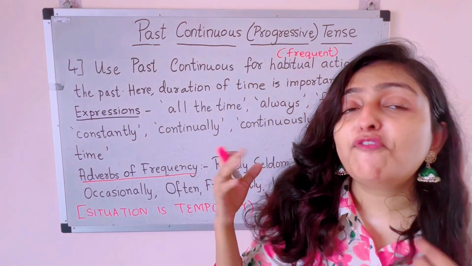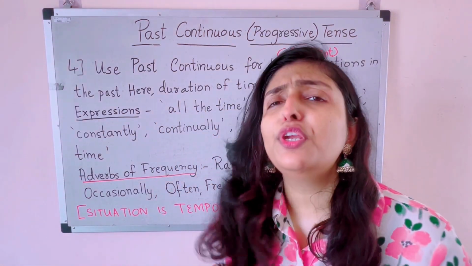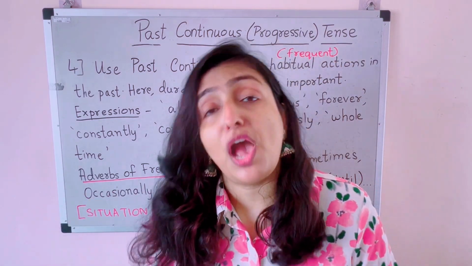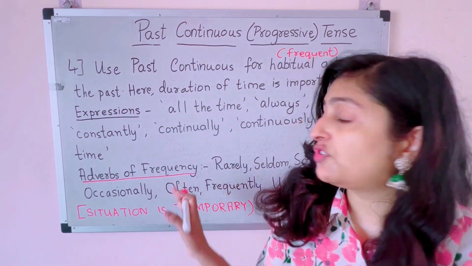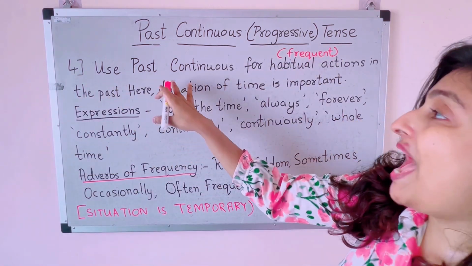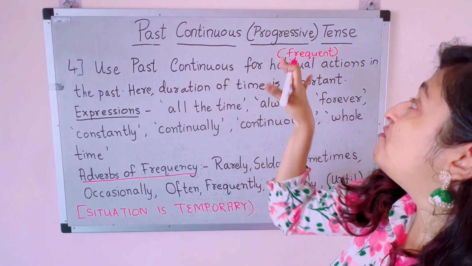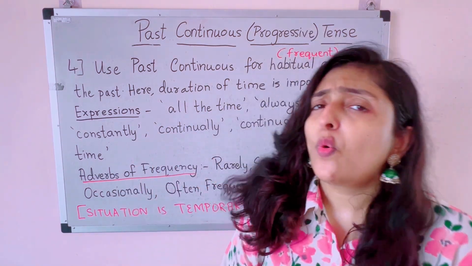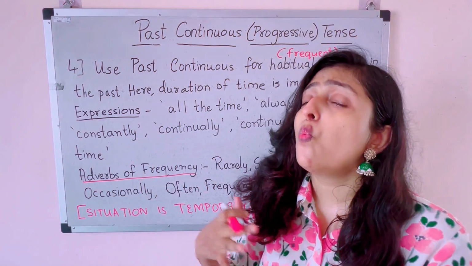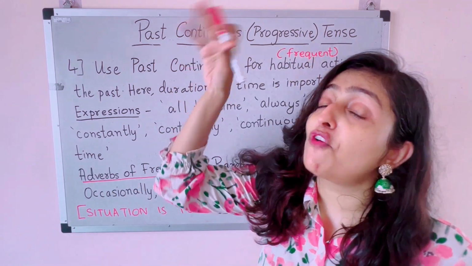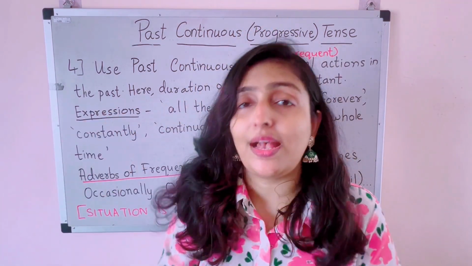This is rule number 4, and here you need to memorize certain expressions of time and adverbs of frequency. So let's see. Use past continuous tense for habitual actions in the past. Now, what is a habitual action? One that is a habit, one that was frequent in the past.